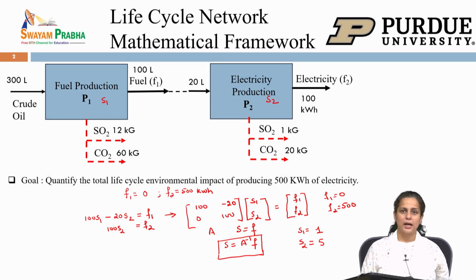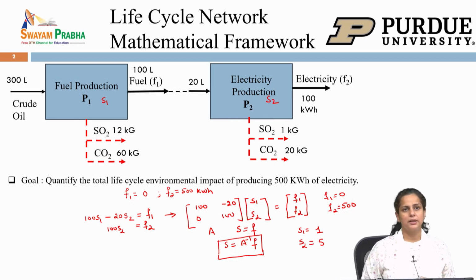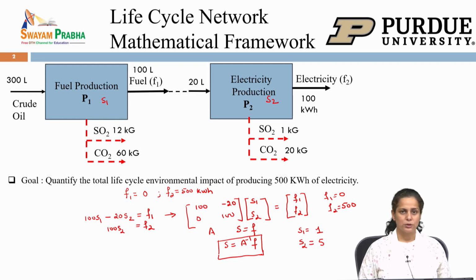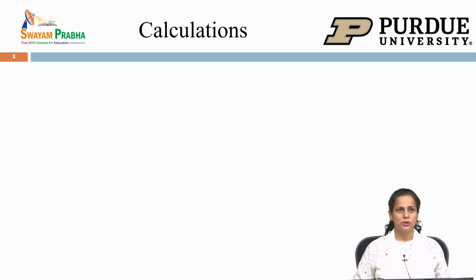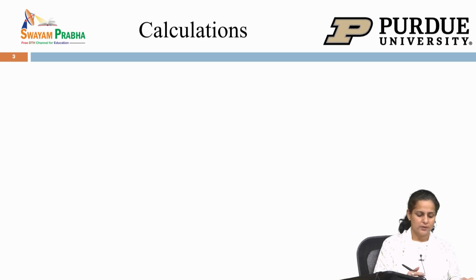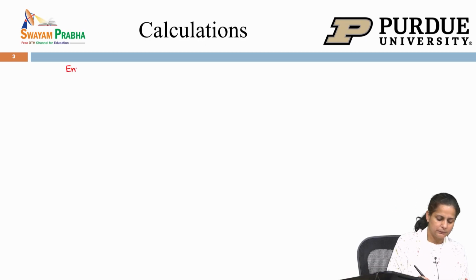Now we need to calculate the environmental impact, and for that we can set up our intervention matrix, which captures the environmental impact. Remember, to calculate environmental impact we include both the resource consumption and the emissions. We can write our equations as follows.